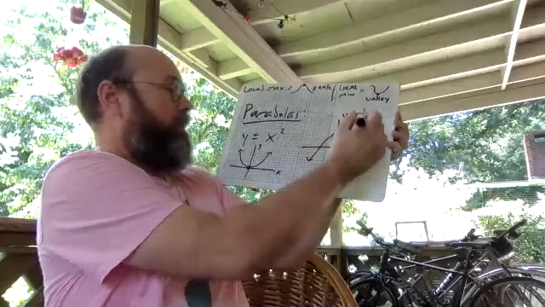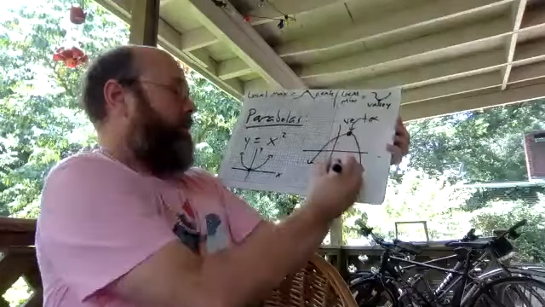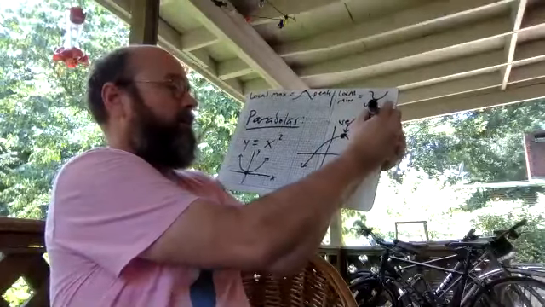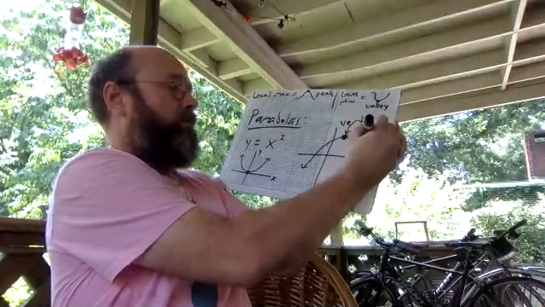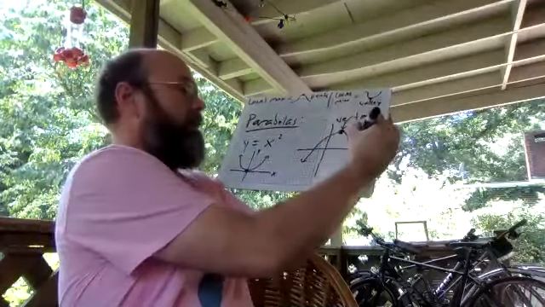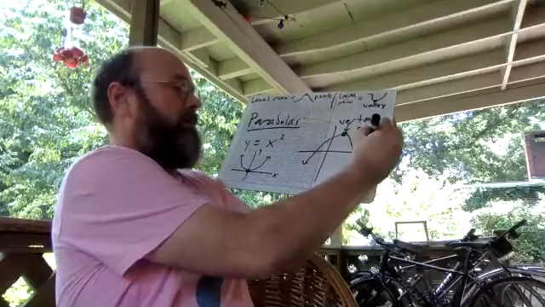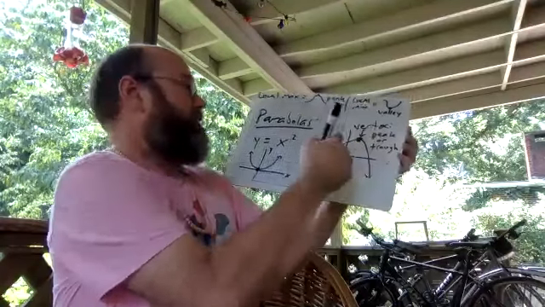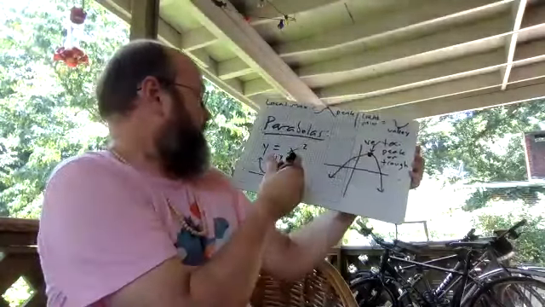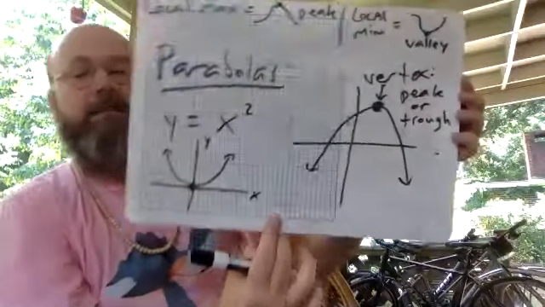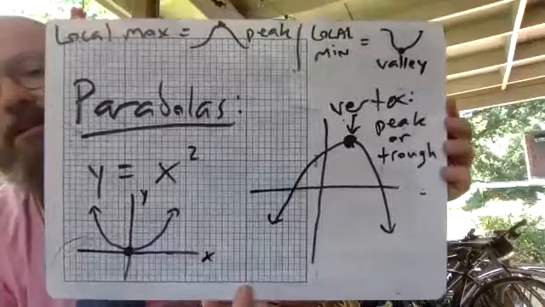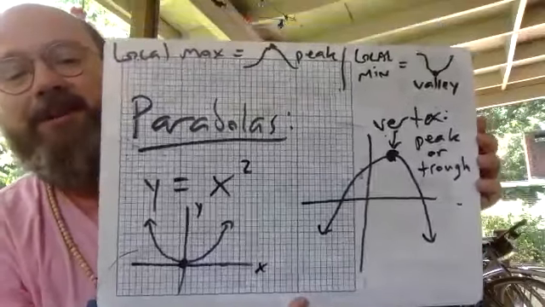The vertex of the parabola represents the peak or the trough, depending on which way the parabola is facing. That has to do with the plus or minus sign in front. This has a plus sign in front. This one is opening downwards, so it would have a minus sign. You could review all of that really easily online, or hit me up to talk about it.